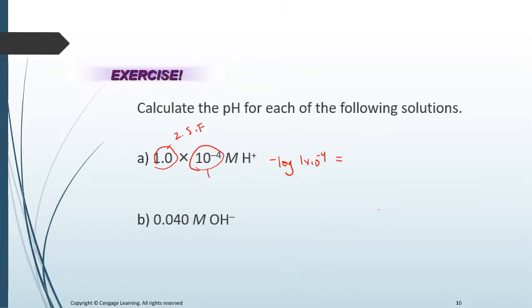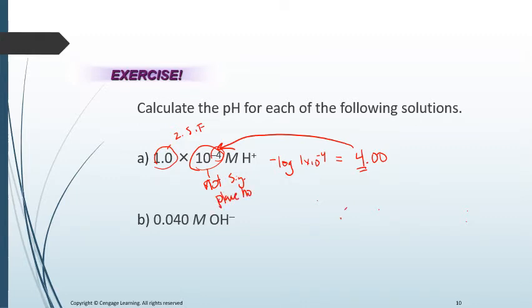Because if you think about it, this one here is not significant because it's just showing us the placement of the decimal. So therefore, when we look at the pH, it would be 4.00. This number corresponds to the exponent that we see, and that is just a placeholder.